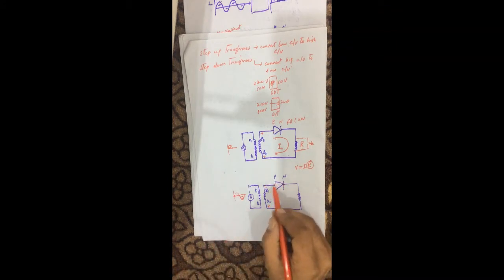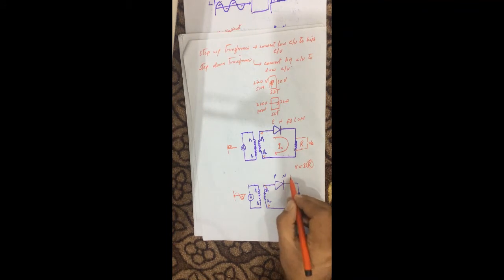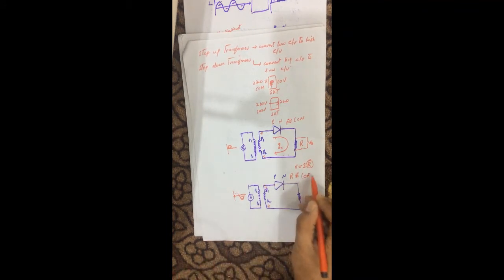So the diode is now in reverse bias mode. It's off, so there is no current flowing through the circuit.